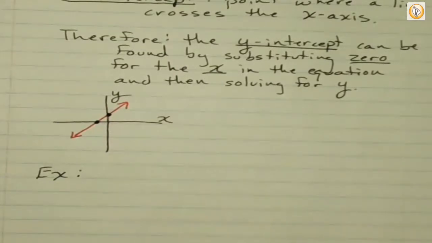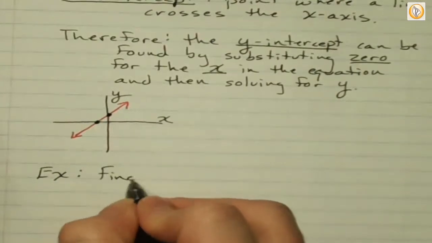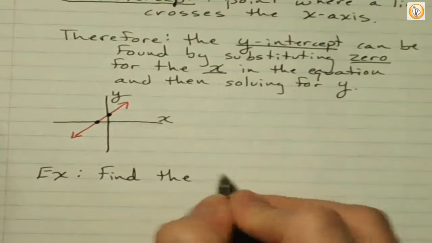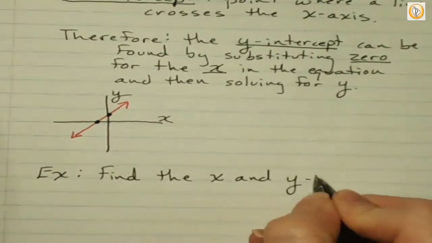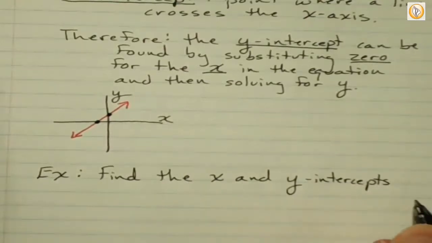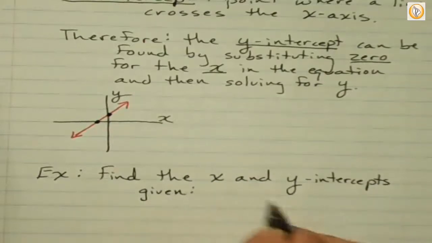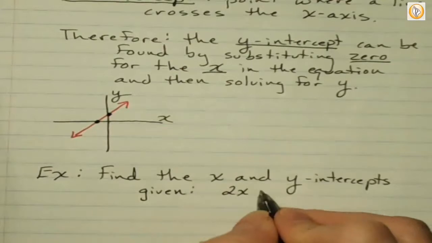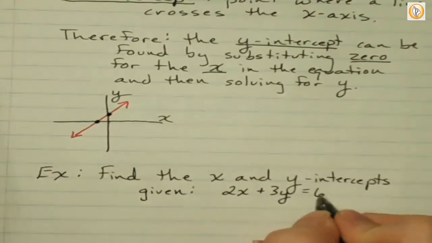Okay, so let's say the question is: find the x and y intercepts given 2x plus 3y equals 6.